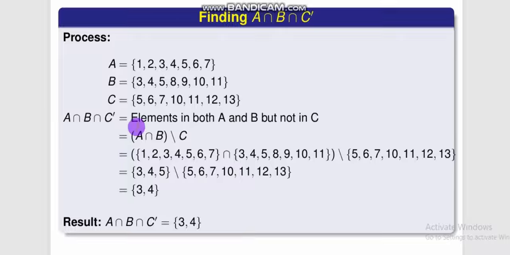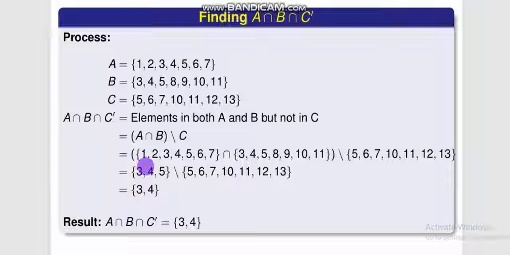They just substitute, you see, open bracket, and then you have element in A intersection element in B, then set minus C, you bring the elements in C. Okay, now find the intersection of these two sets, the elements they have in common. 1 is not found here, 2 is also not found here, but 3, can you see 3 4 5, they are found here, so you write them, but 6 and 7 are not found here, so this is the intersection.